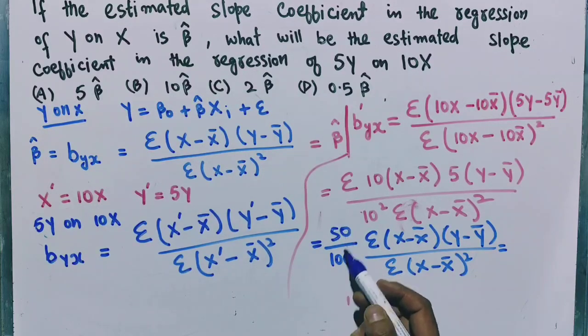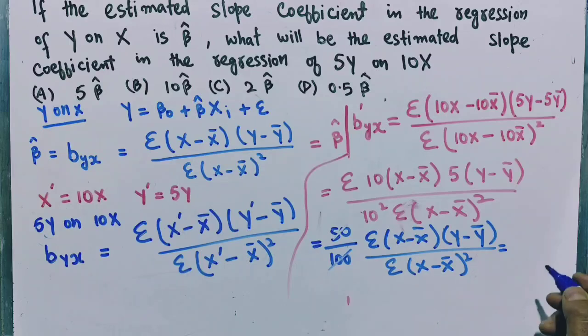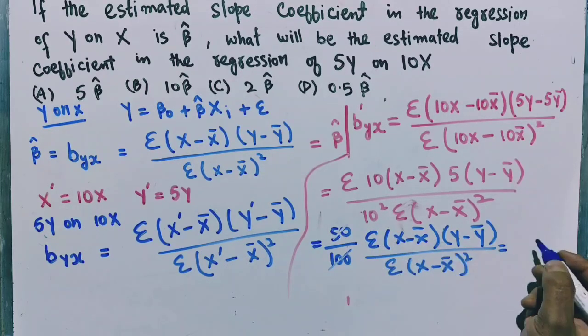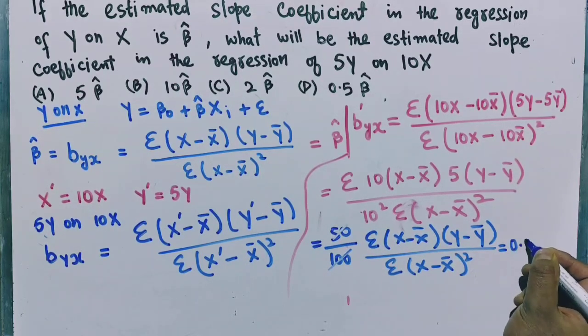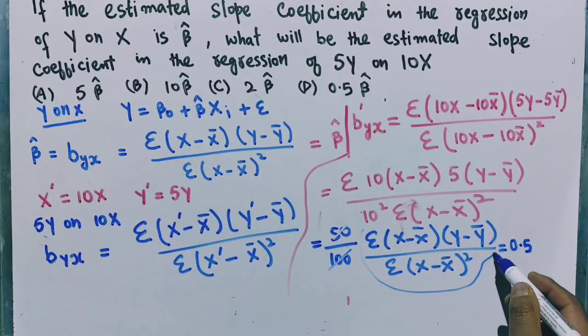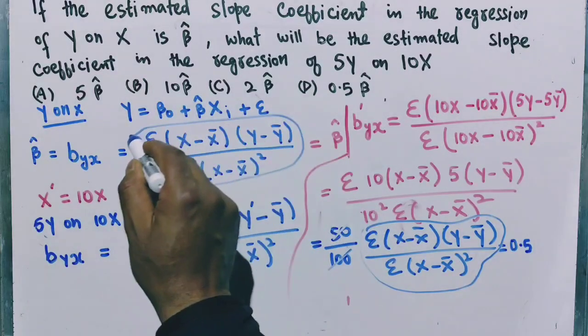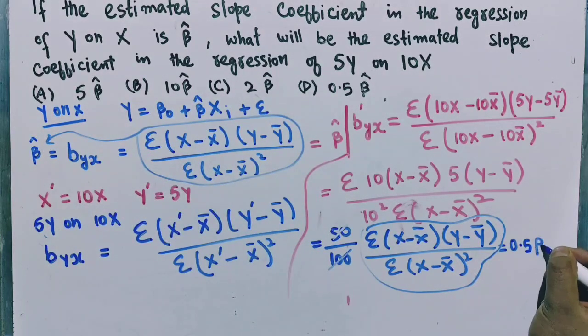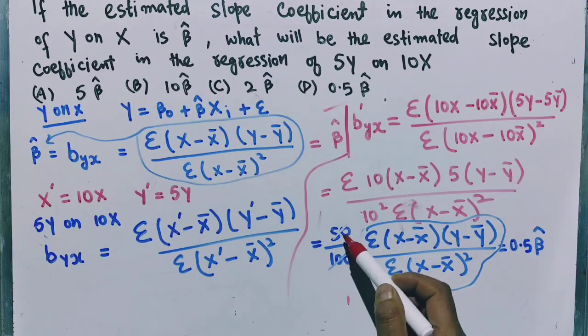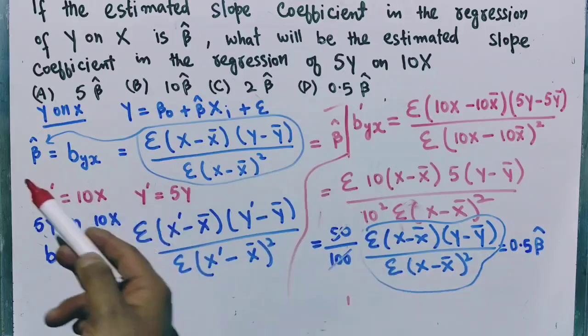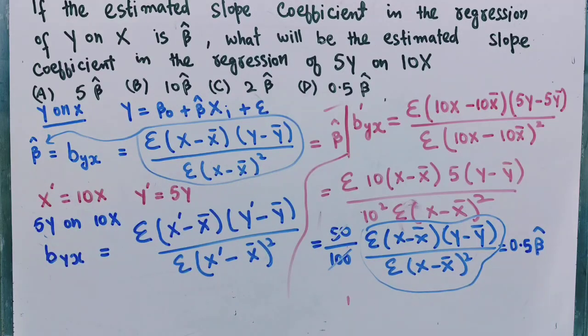Now you know that 50 upon 100 is equal to 1 upon 2, which is equal to 0.5, and you know this stuff is in fact equal to beta hat. I hope I make myself clear. So the correct option should be 0.5 beta hat. So the new estimated slope will be 0.5 beta hat.